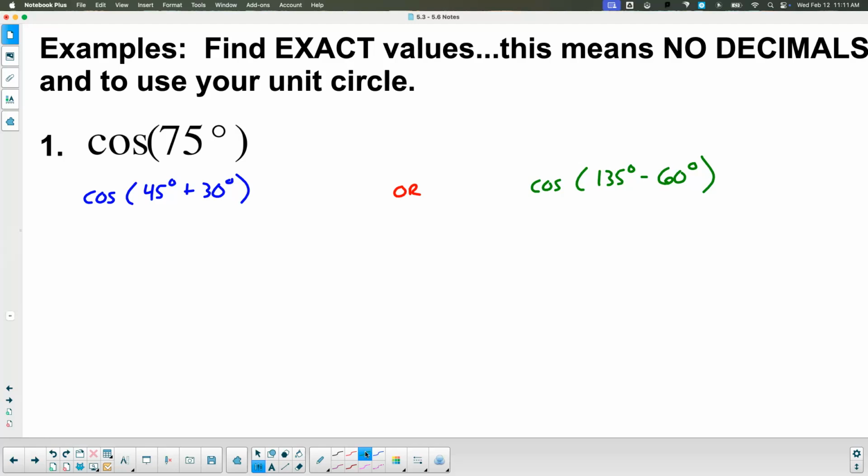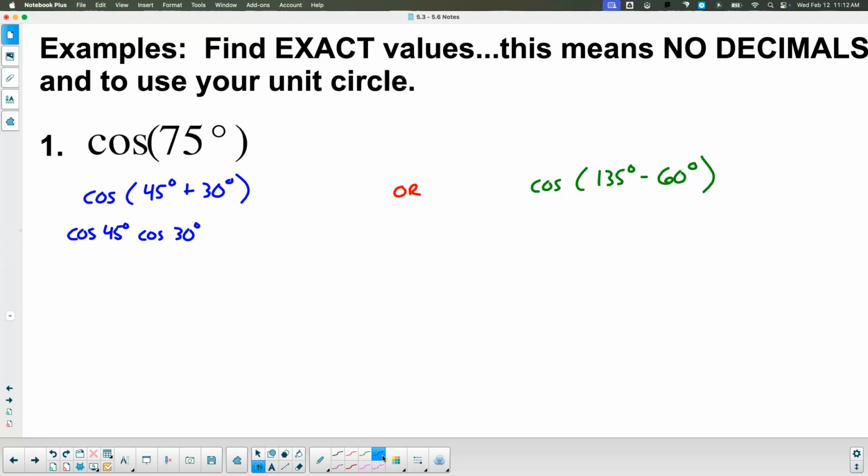We'll do this both ways, okay? Just to show you that it doesn't matter if we add or if we subtract. So we're using cosine. Cosine is identity number 18 on your sheet. So the cosine of u plus v says that I am going to take the cosine of 45 degrees and multiply it with the cosine of 30 degrees.